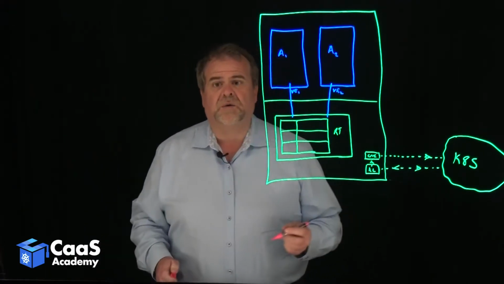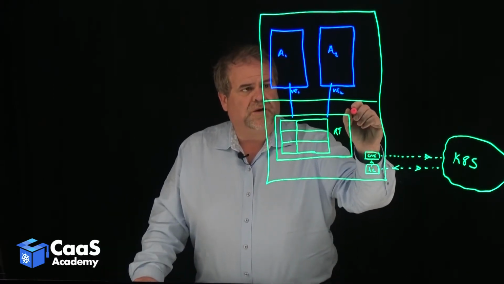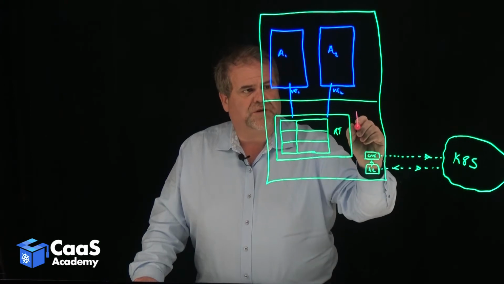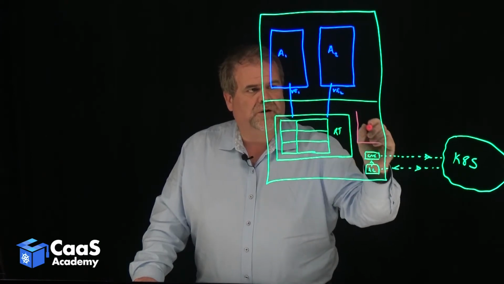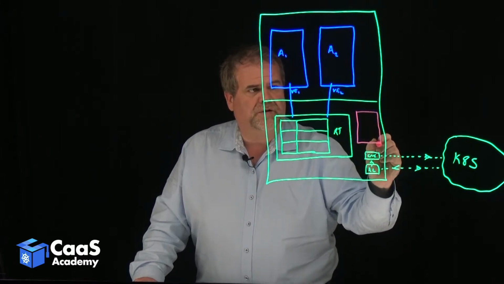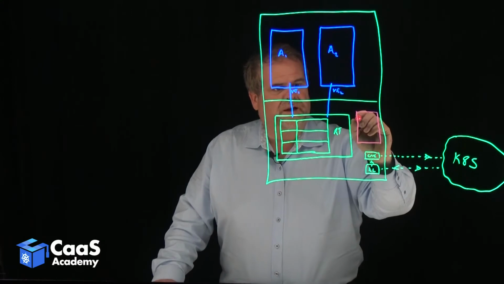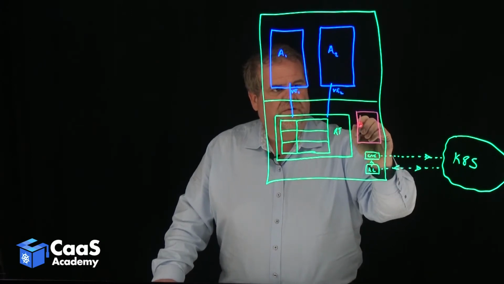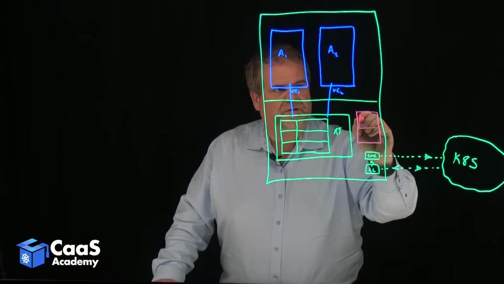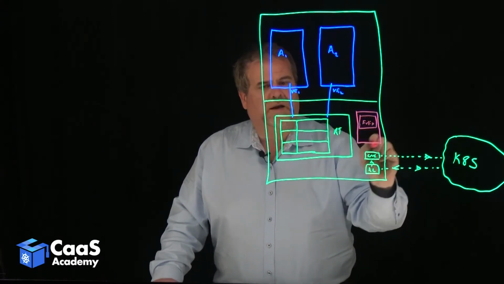So Calico has a pod that it runs in the host namespace, which is called the Calico node. And Calico node has two components in it. Calico node has Felix, and it has another pod.